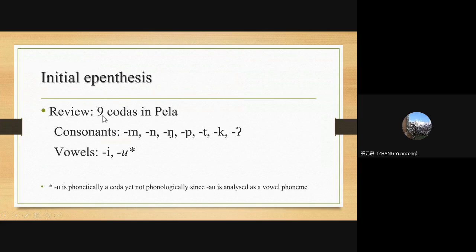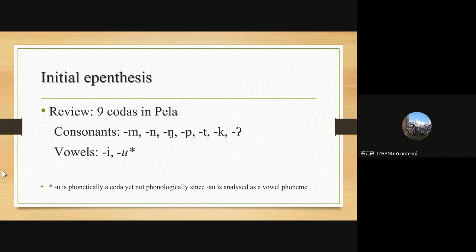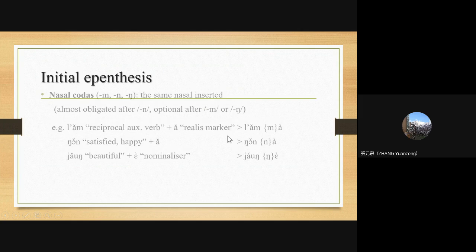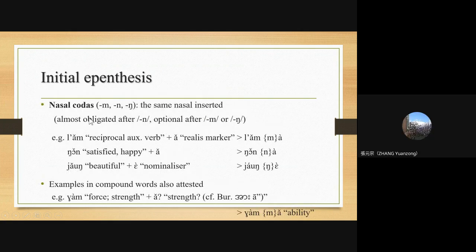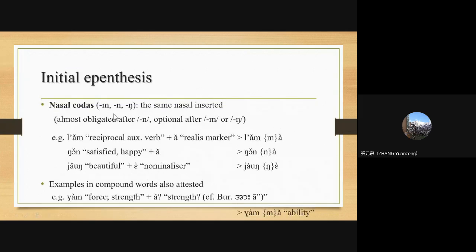So let's have a review of codas. There are seven consonant codas and two vowels or semi-vowels. We are going to divide it into three cases to discuss. First, for the nasal codas, the same nasal initial will be inserted.